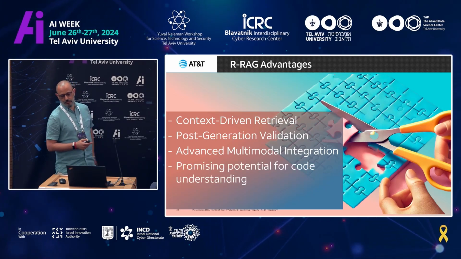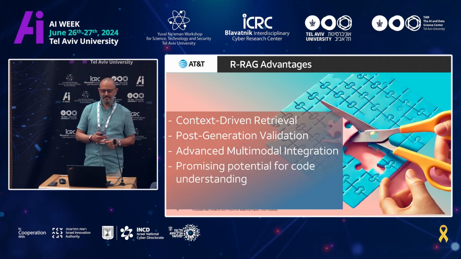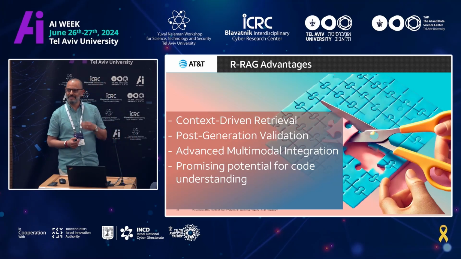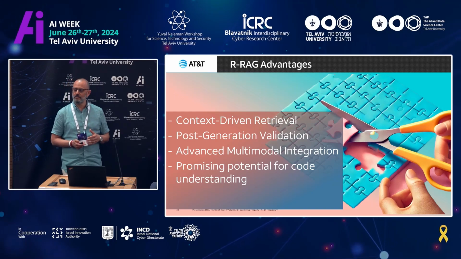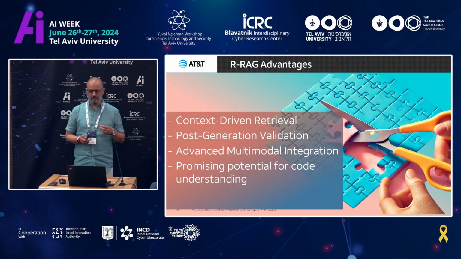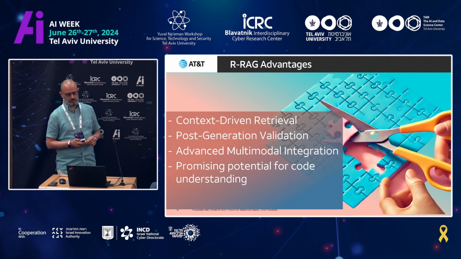And another thing for the code understanding use case, enriching the initial prompt with fixed knowledge about how the system is built can also significantly improve the performance and accuracy of reverse RAG.